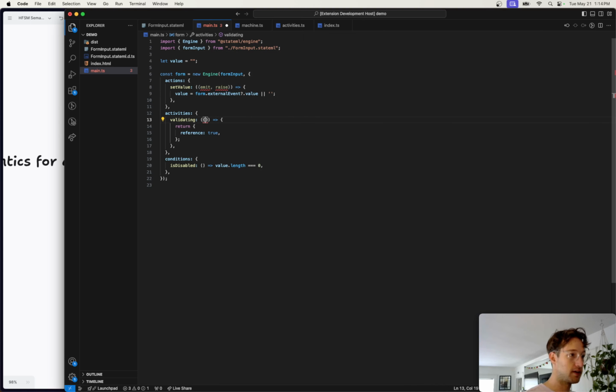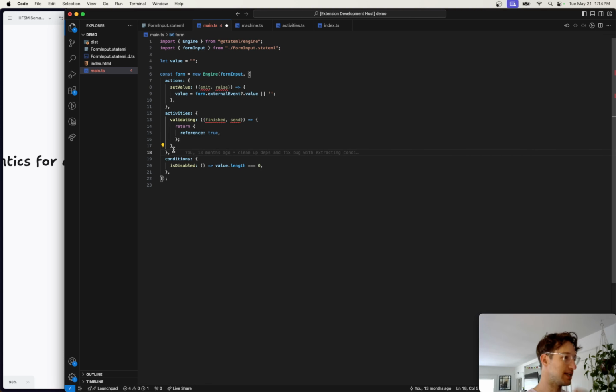Activities are given a special channel, so they could be finished and they could send events back to the state chart. Those are the two things that an activity can do, and then they could return a reference.